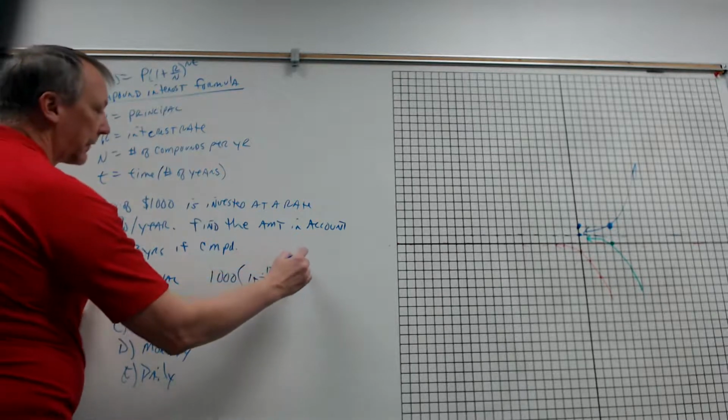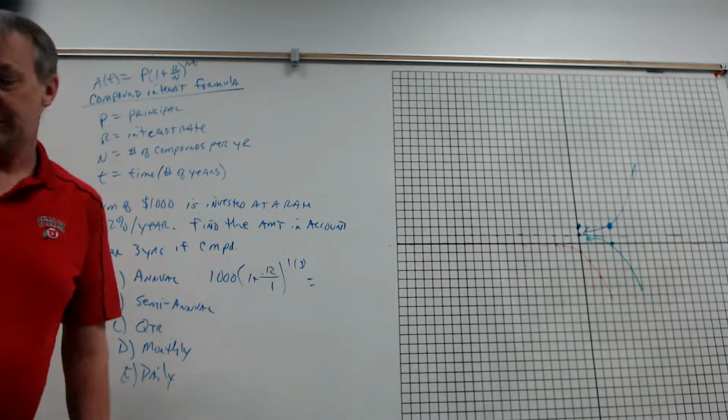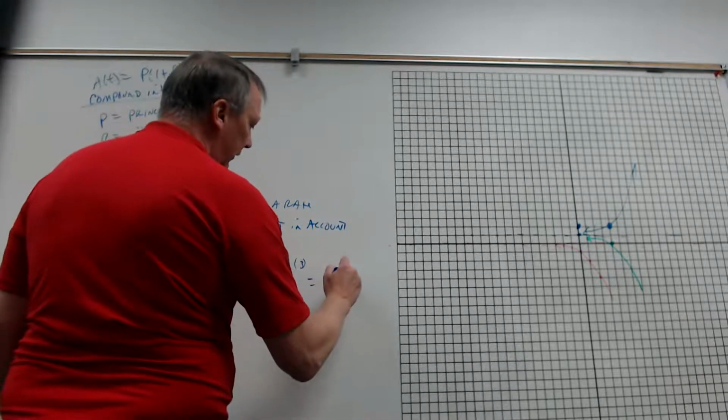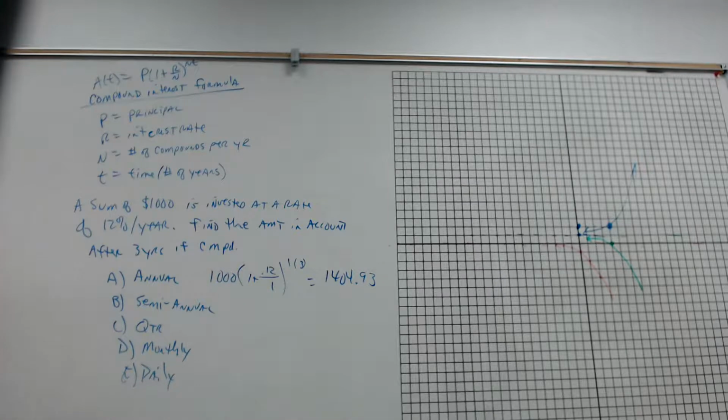Some of you are bad at putting this in your calculator, and I hate it when you write it down properly on your paper and then you get the wrong answer. So I want you all to practice, but according to the book, you should get 1404.93. Everybody practice and make sure you can get that. If you can't, let me know.